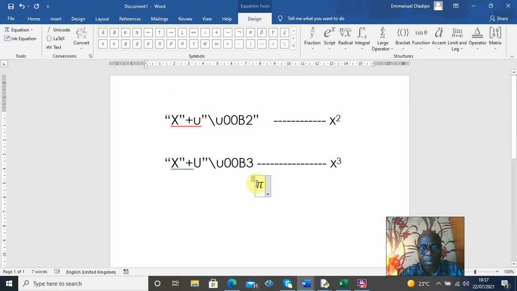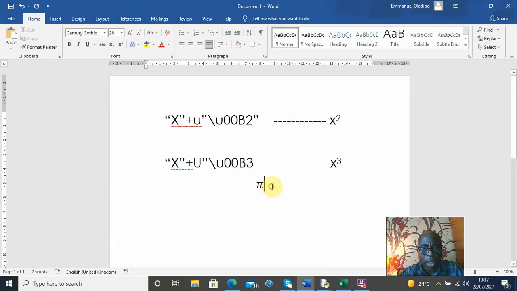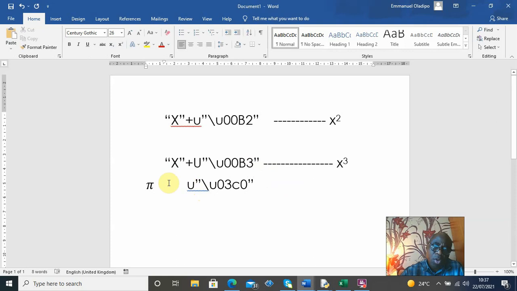So for pi, which is this one here, we use something else, which is u, the same way, speech mark backslash u 03C0, and speech mark to end. Actually, I ought to have put speech mark there. Okay, so that's pi basically. So this is what we're going to implement, and we're going to do it very quickly.